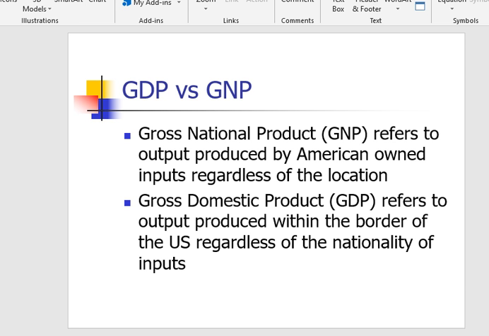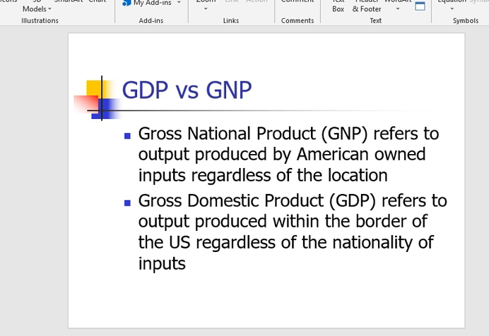Gross national product, GNP, refers to the output produced by American-owned inputs regardless of the location. In other words, gross national product is very much nationality specific. Gross domestic product refers to output produced within the border of the United States, regardless of the nationality of inputs. In other words, gross domestic product is very much geographically specific.